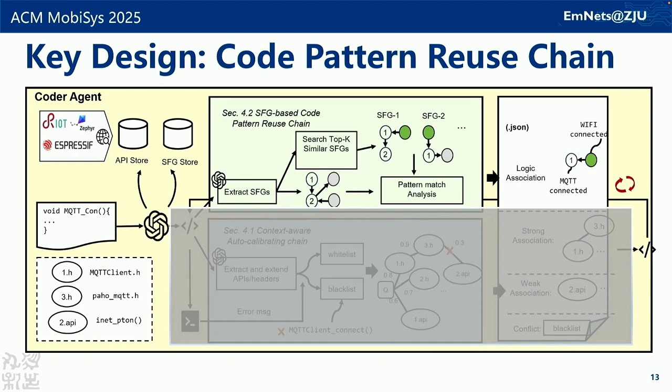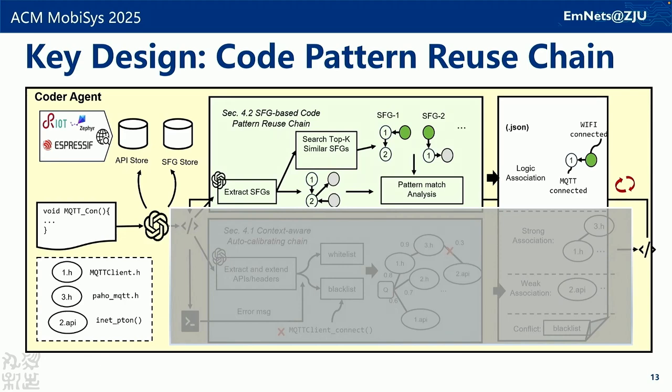Specifically, this is the workflow for the SFG-based code pattern reuse chain in the online phase. First, extract the SFG from each round of self-debug outputs and search for the top matching case memory SFGs in the offline datasets.